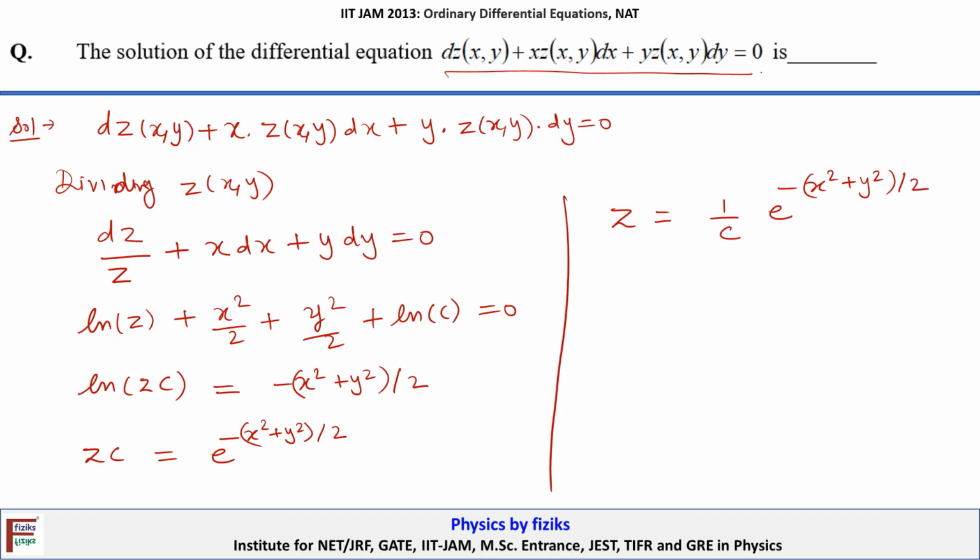And 1 by c is replaced by another arbitrary constant, so z is equal to capital C into e to the power minus (x square plus y square) divided by 2, and hence the solution of the differential equation is represented by this equation.